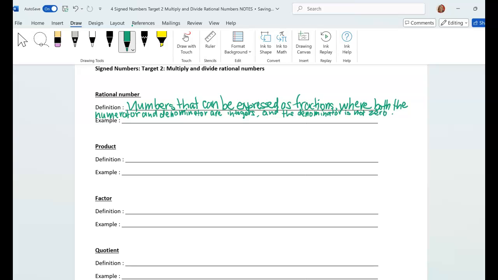Whew. I promise we won't have to write that much. Yes, that was a lot of writing, wasn't it?